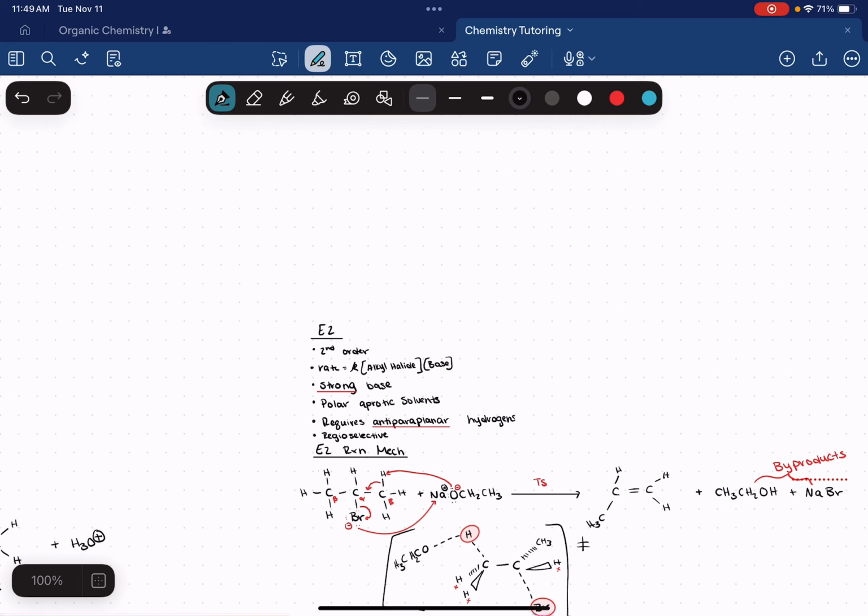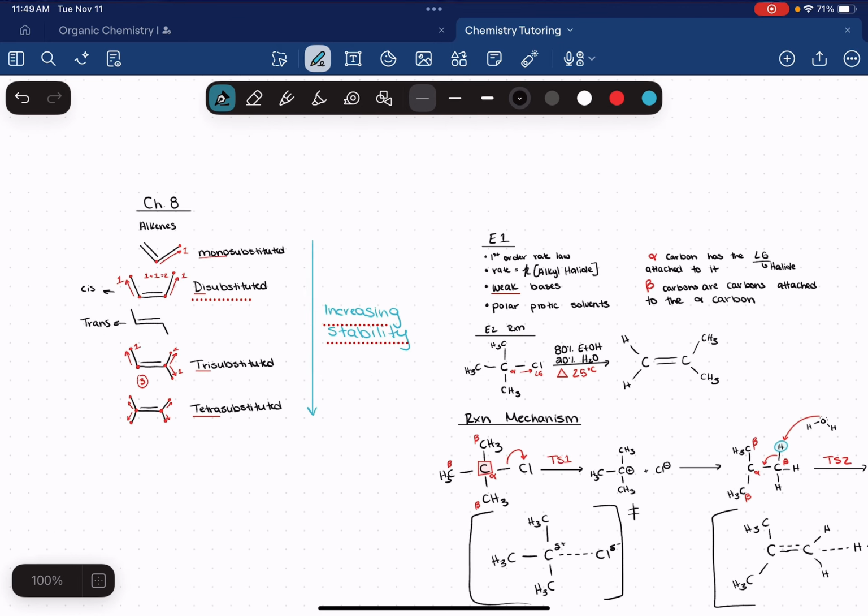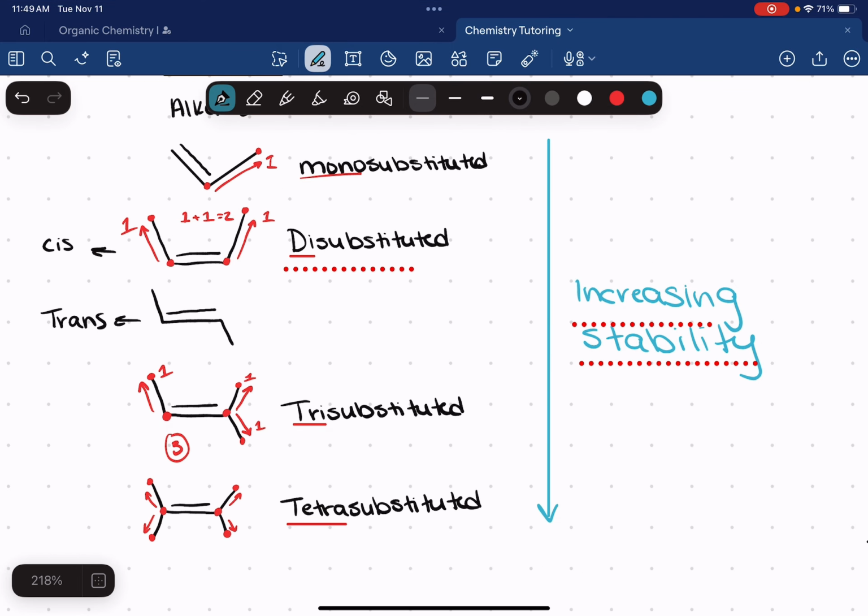Okay, and we talked about stability over here, right? So it's going to create the most stable possibility. It doesn't want a mono-substituted, would not really prefer di-substituted. If possible, it's going to create the tri-substituted or tetra-substituted double bond.